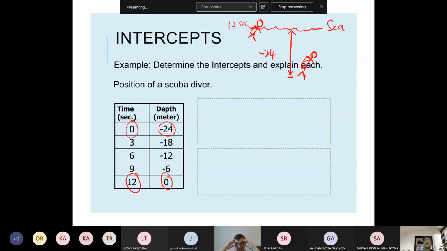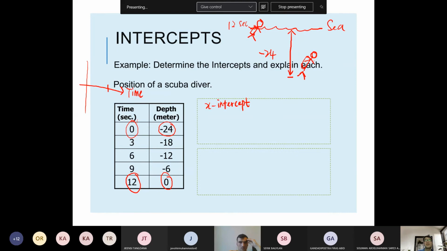Now if we are finding the intercepts, can you tell me which one is the x-intercept? Time. This one is the time, so x.